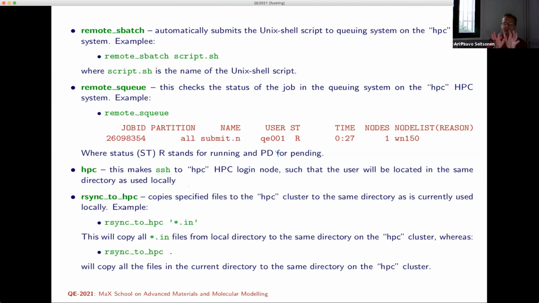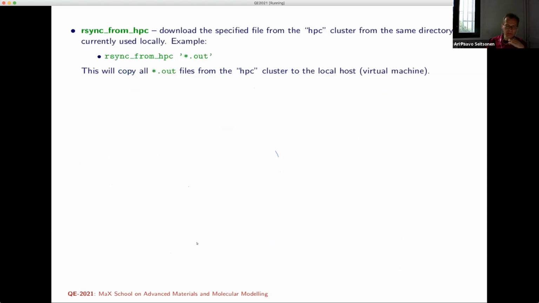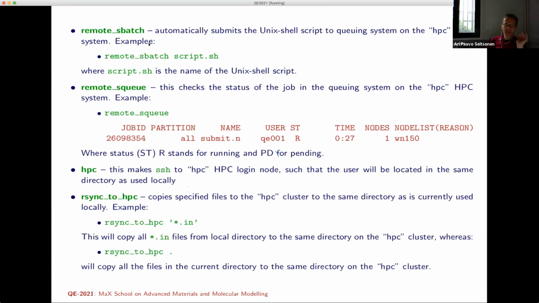So we ask you, once you have launched your job with this remote MPI run or remote PWTK, you use the remote SQ commands, and you can launch it as many times as needed, and you only go to the next step, copying the output file, which is on the third page, after you have seen that your job has finished.